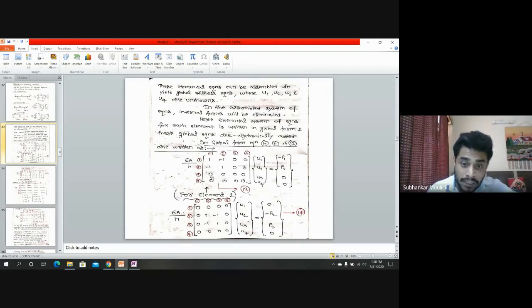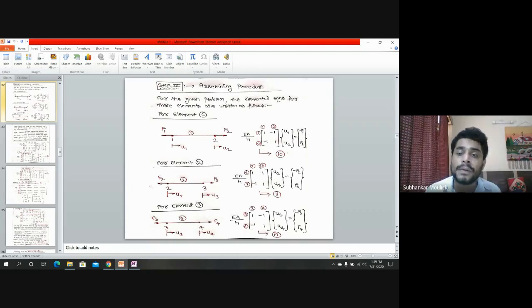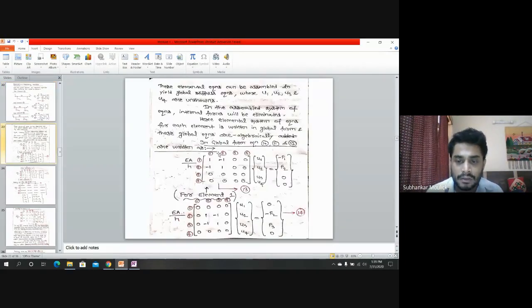Remaining all the elements, that means 1 3, 1 4, 2 3, 2 4, 4 4, 4 3, 3 4, will be 0. Why 0? Because I am writing the global system of equation only for element number 1, and element number 1 consists of only the first and the second row and column of the matrix. So the remaining things will be 0.